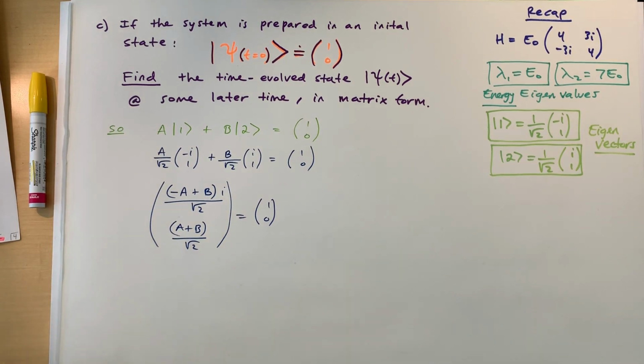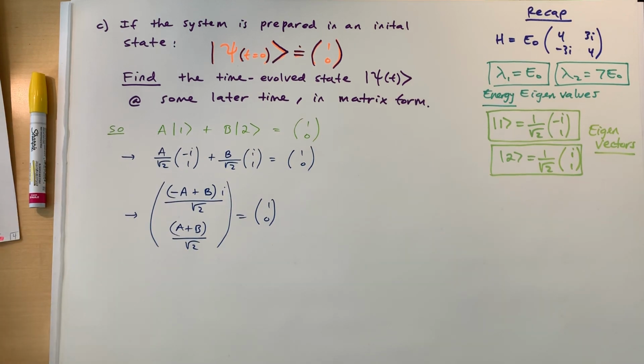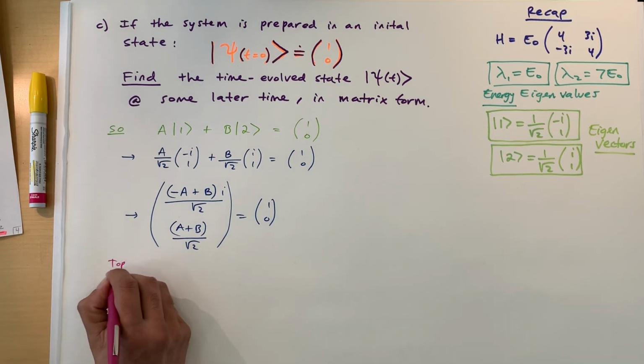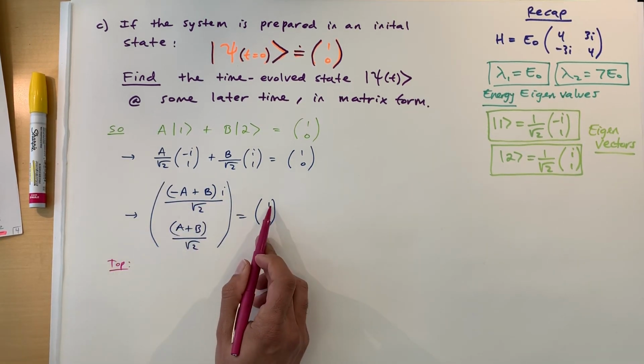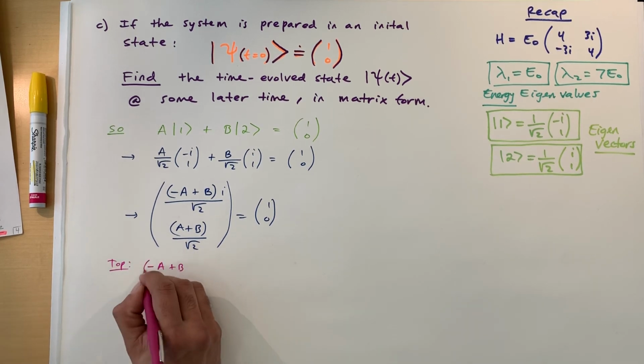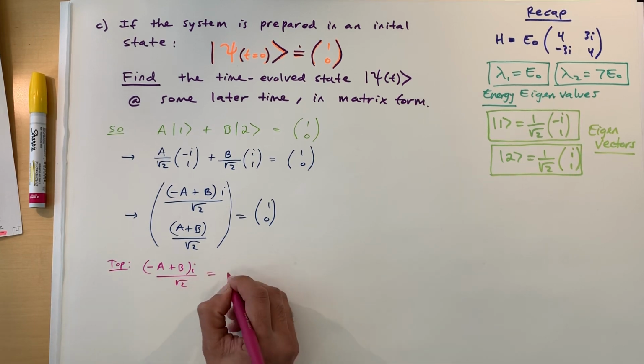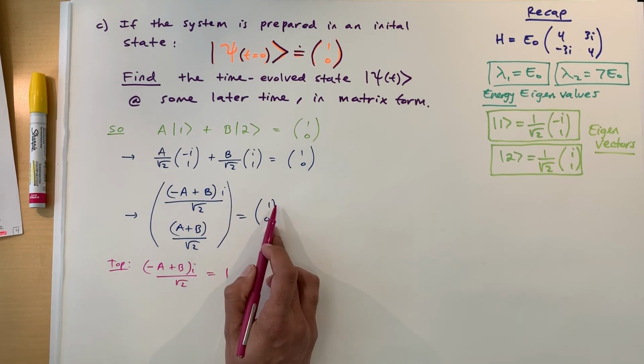All right, so let's do like we did for the other ones. We're going to take the top first. The top gives us negative A plus B, times i, over square root of 2, equal to 1. This top part is equal to 1.